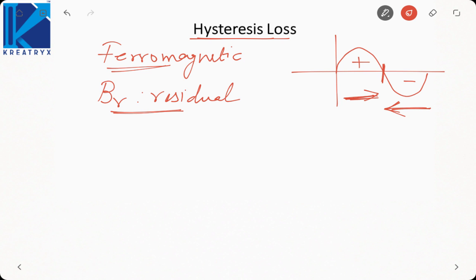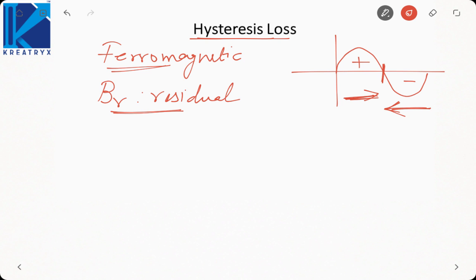So to reverse their orientation, we need to apply some energy, and this energy will be supplied from the source connected to the primary winding. Such energy or such loss is called as hysteresis loss. It only occurs because of the residual flux density in the core of the transformer. So the dipoles will get oriented in one direction and will not lose their orientation upon removal of the magnetic field.